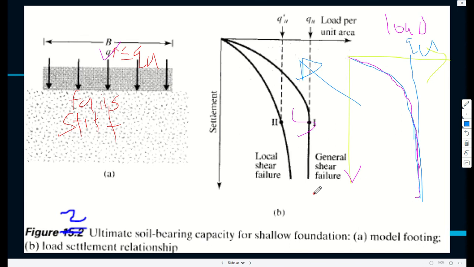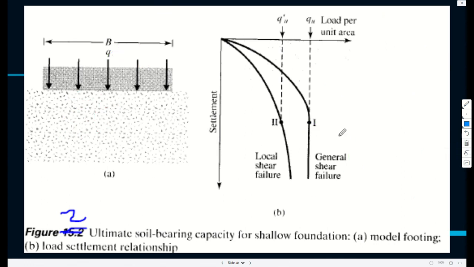Now remember, there's general shear failure, so pay attention to this. We are talking about general shear failure, where that value increases to just QU. But local shear failure, they're all shear failures, and this value is that. So two things: there's general shear failure and local shear failure.